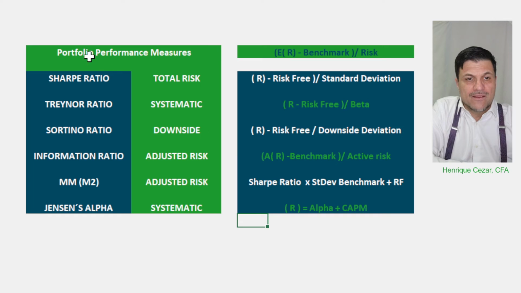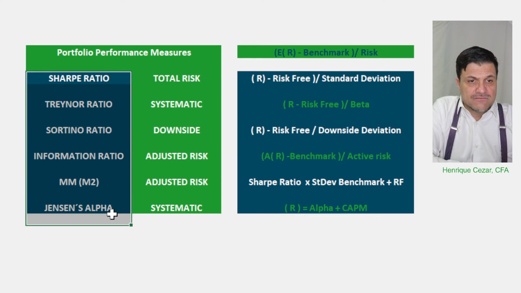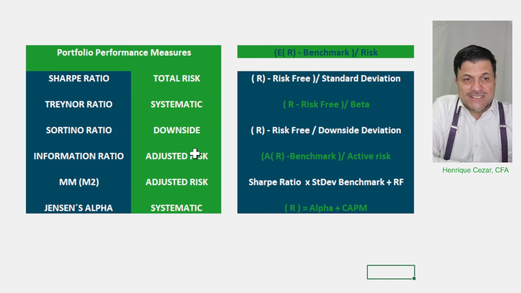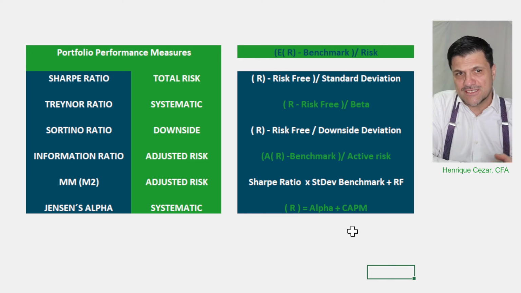In any way, you need to know for the exam, right? The names, the formulas, because they're easy to memorize, and the type of risk that each one will include or use in the approach, if any. Remember that the adjusted risks are the best ones, so they're more meaningful because they're adjusted, right? The systematic is also good because it implies that we have a diversified portfolio.